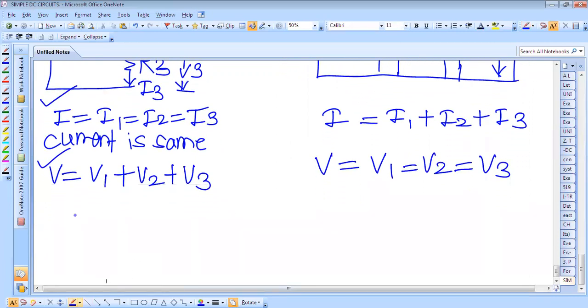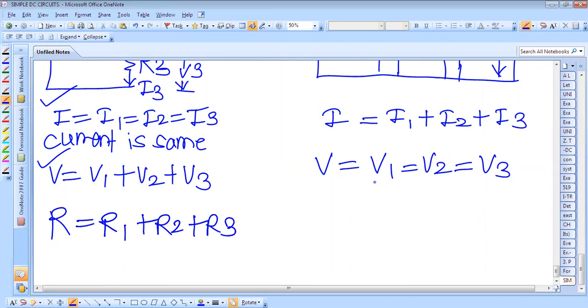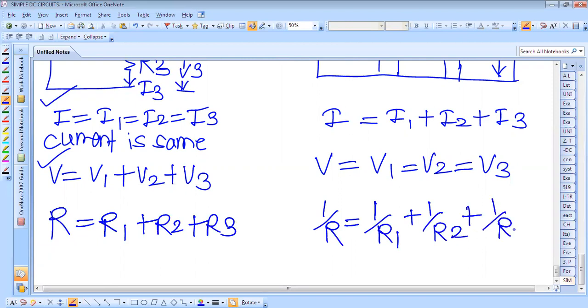For resistors in series circuits, it is R1 plus R2 plus R3, and in the parallel circuit the equivalent resistance can be found like this: the reciprocal of the equivalent resistance equals the sum of the reciprocals of the branch resistances. In this way, this will help you to understand the series and parallel circuits.